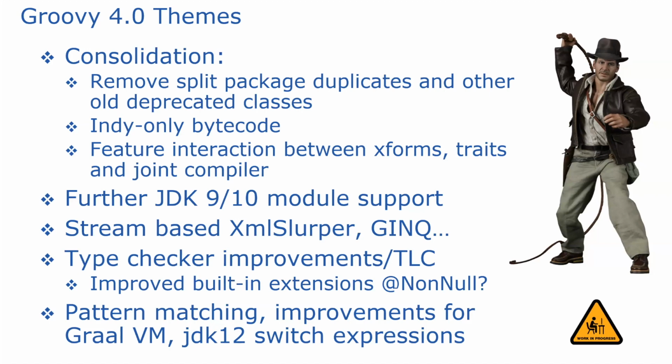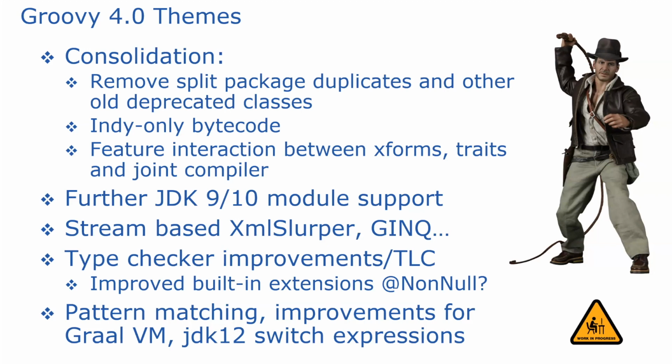We're looking at stream-based XML slurpers, SQL querying, stream-based JSON querying, and so on. Groovy integrated query, and some improvements in the type checker. There's some places where we know it needs a little bit of tender loving care, a bit of tweaking.